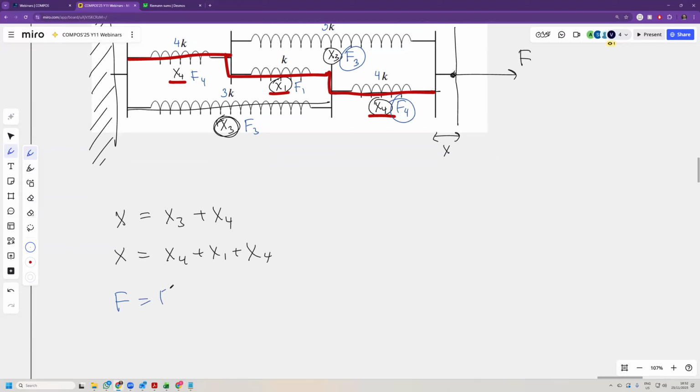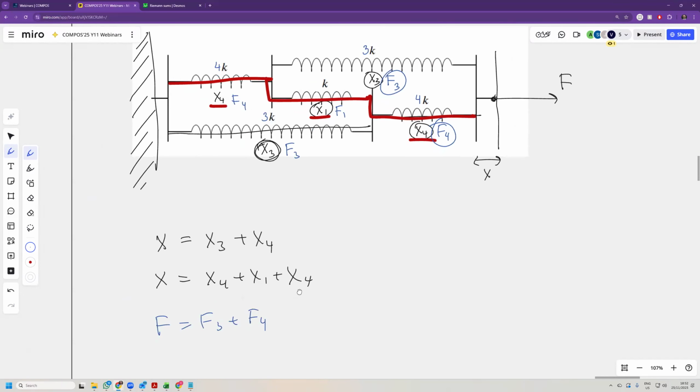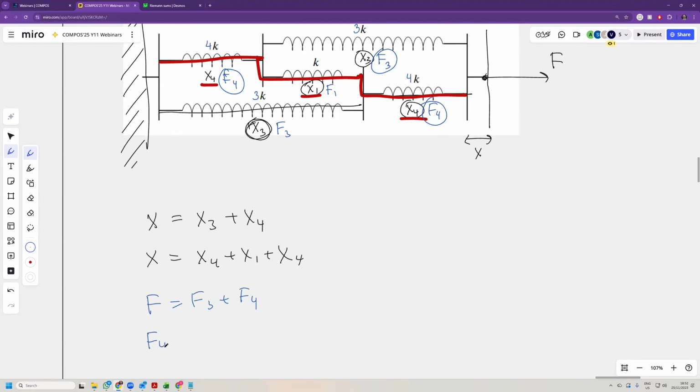So F is F3 plus F4. And on the other end, it's also F3, F4. On the other hand, F4 is F3 plus F1.